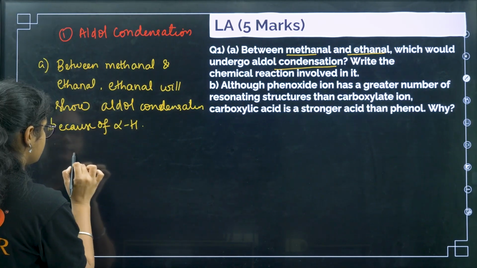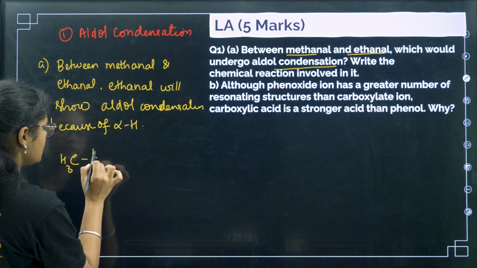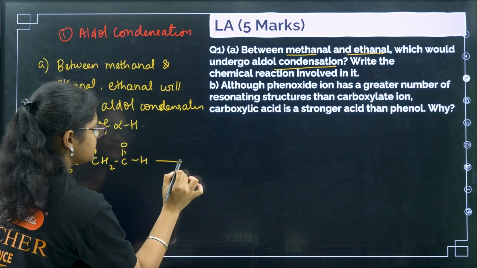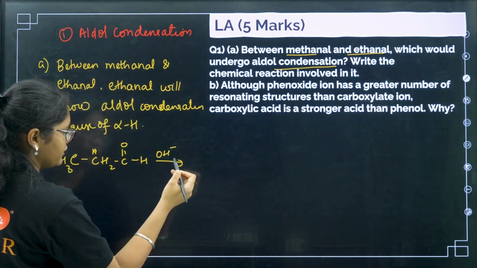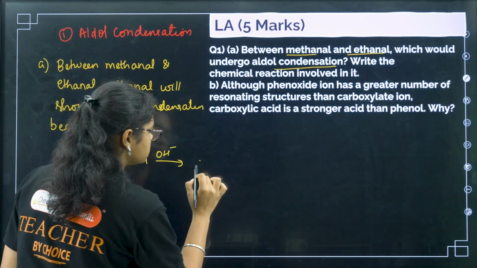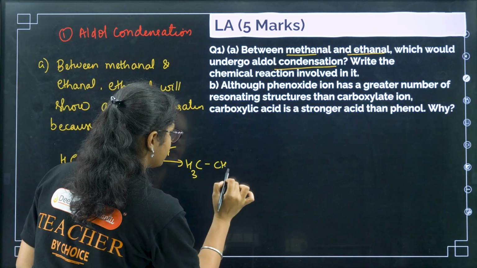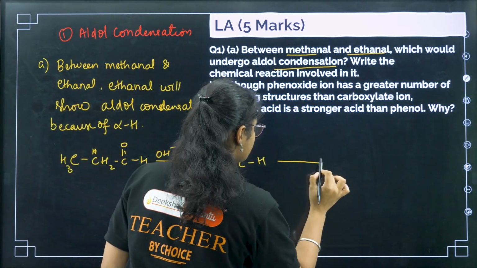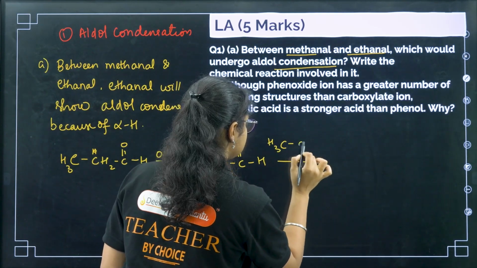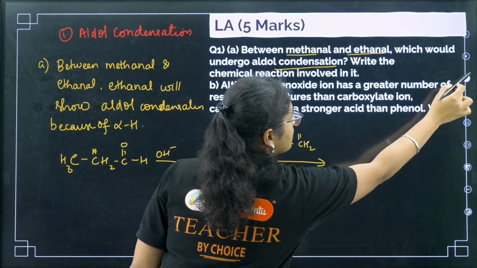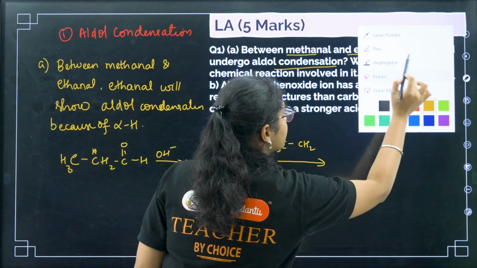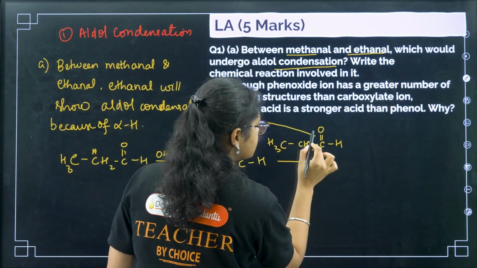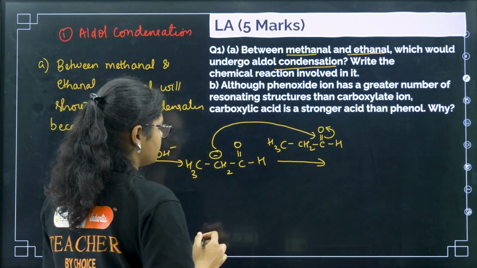So if you write ethanal, CH3CHO, in presence of dilute OH minus, we get CH3 CH2 minus, C double bond O. Then another molecule of CH3CHO is taken. Now this carbanion attacks on this carbon and this bond shifts here.